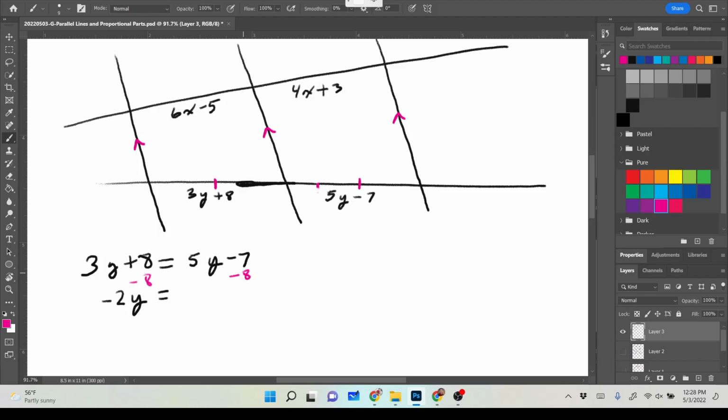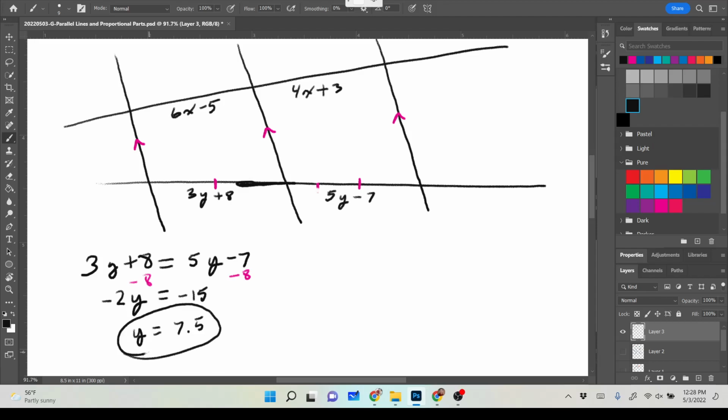Negative 15. Yeah, negative 15. True facts. And then last step there, I'm going to divide by negative 2, and we end up with y equals 7.5. So that's part of our answer.